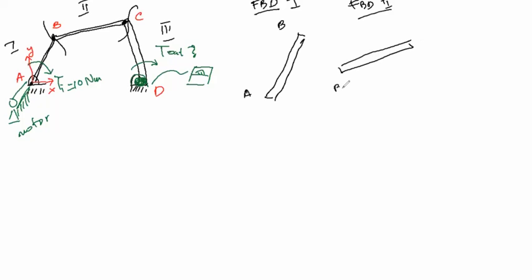This is point B and this is point C. And the free body diagram for link 3 is the crank, the output. This is point C and point D. And then now, is it enough? This is not enough. You have to draw all the necessary forces.